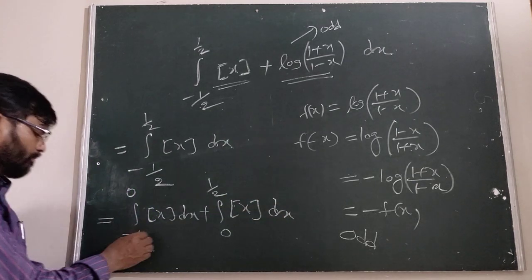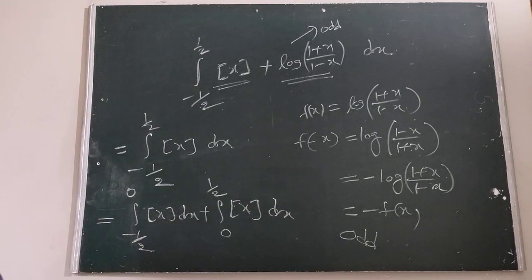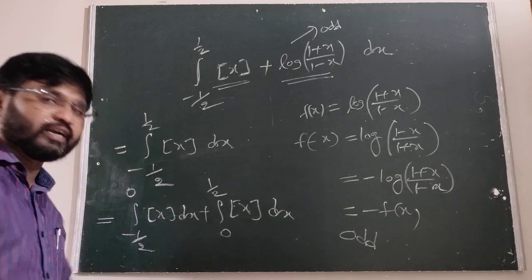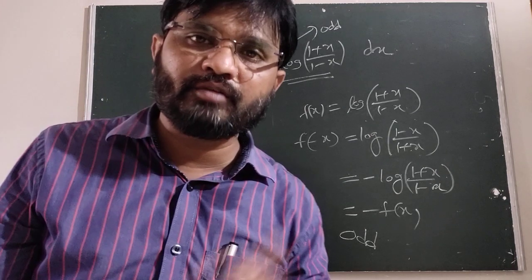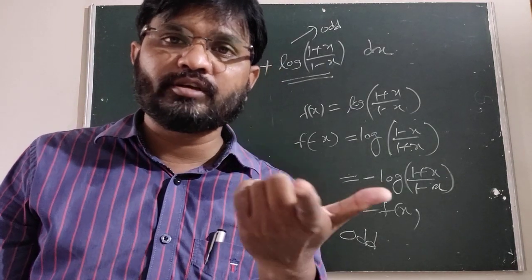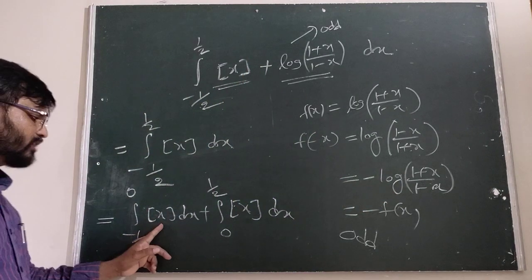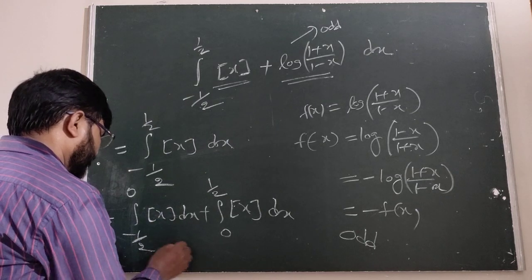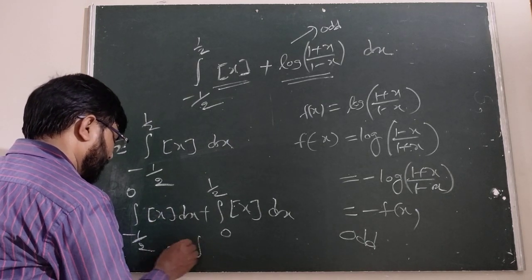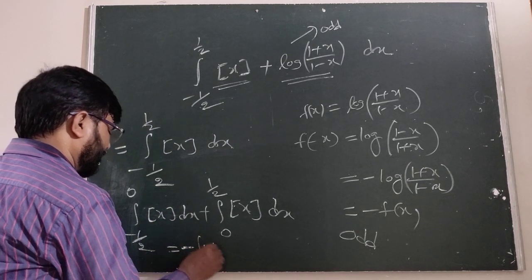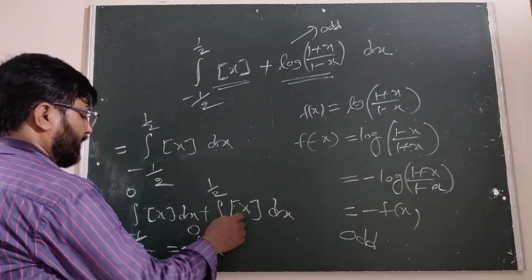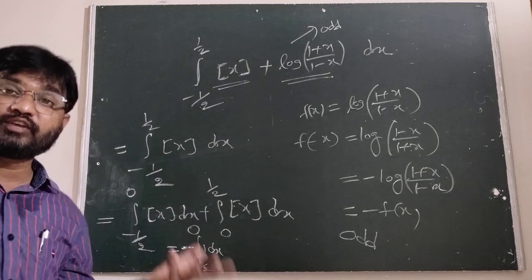We know that minus 1 by 2 to 0, the values below 0, in between, undoubtedly the step of minus 0.5 is minus 1, and of minus 0.4 is minus 1. Therefore, this is minus 1 dx. Yes, the integral of this is minus of 1 dx having the limits minus 1 by 2 to 0. Undoubtedly, the values between 0 to 0.5.